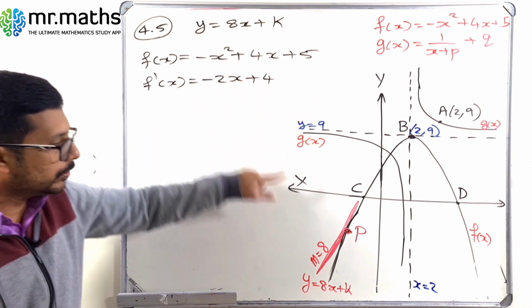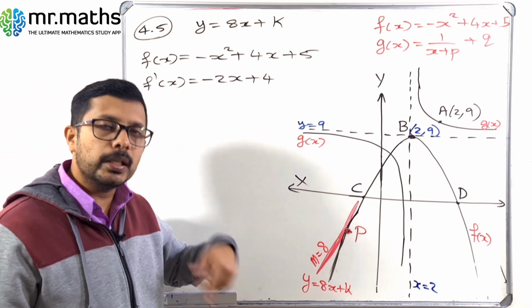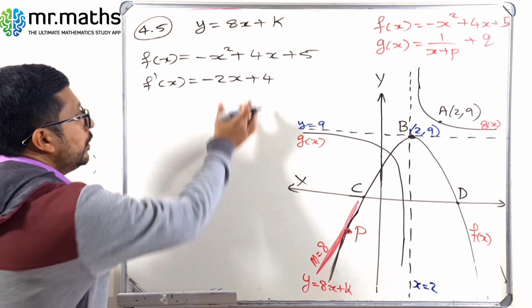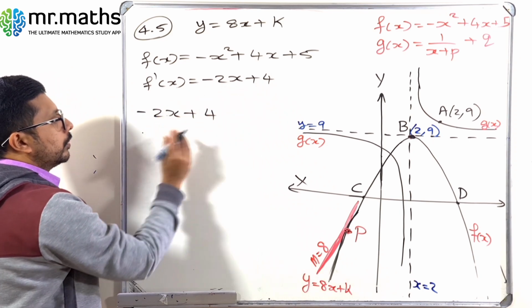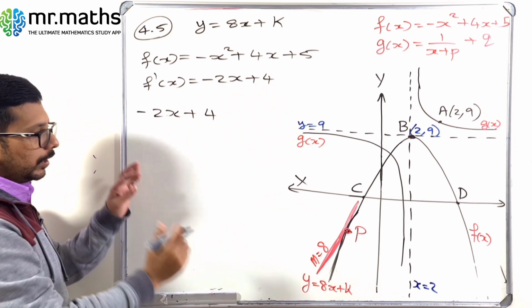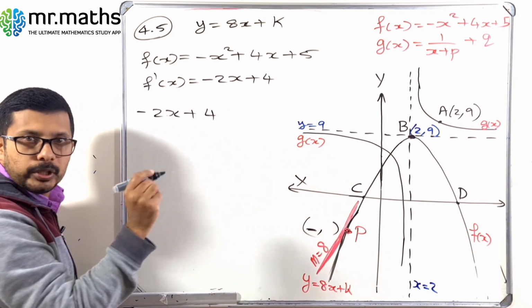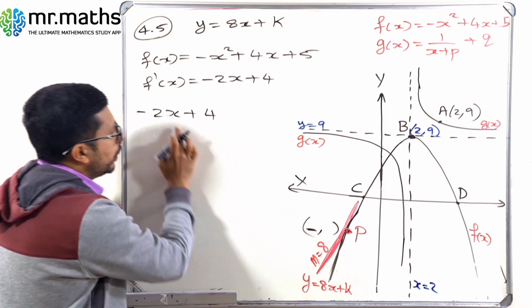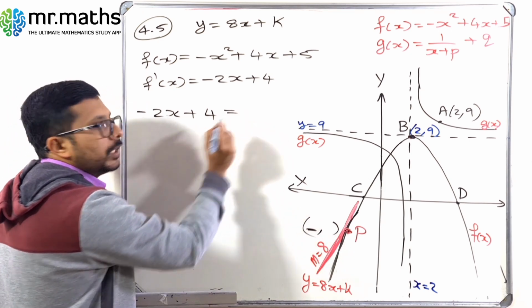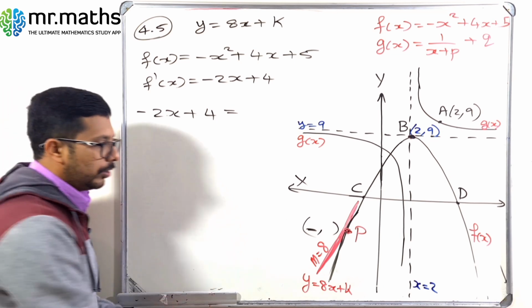When I substitute the x value of that point p in this derivative, I am supposed to get the gradient as the answer.